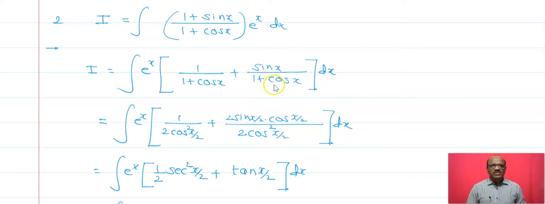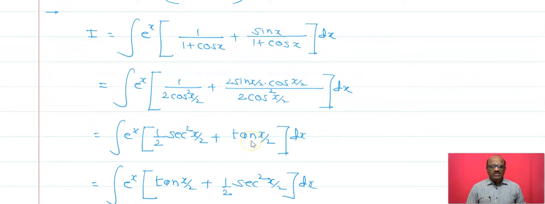Here cos x by 2 will get cancelled, and the 2 will get cancelled. You will get sin of x by 2 upon cos x by 2, which becomes tan of x by 2. What about the other term? It is 1 upon 2 cos square x by 2, which becomes 1 upon 2 sec square x by 2.